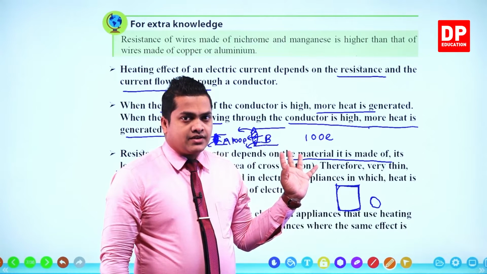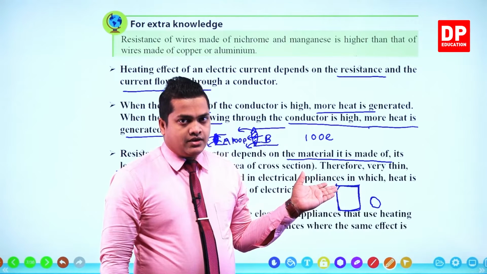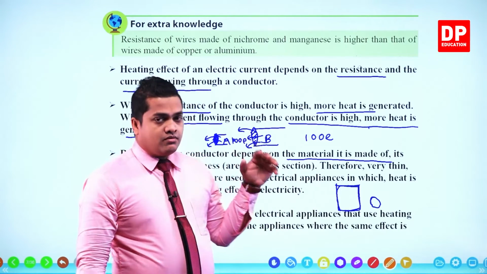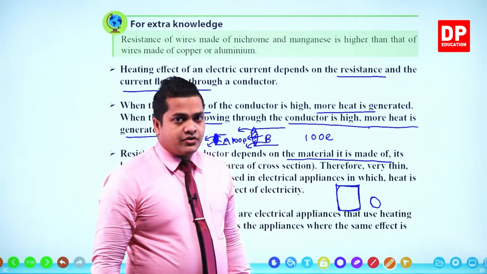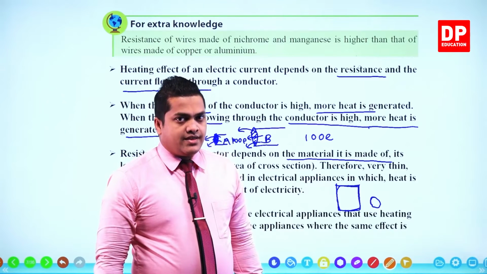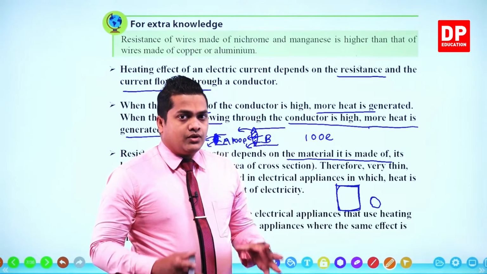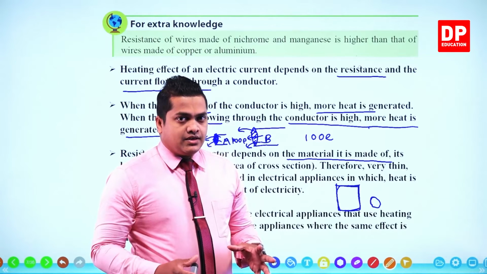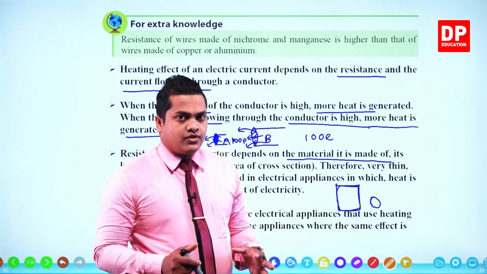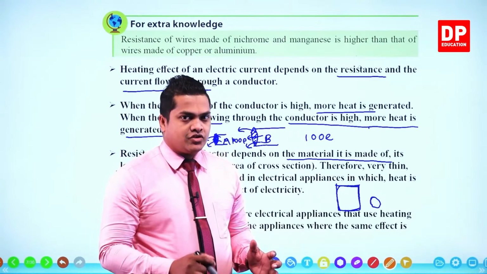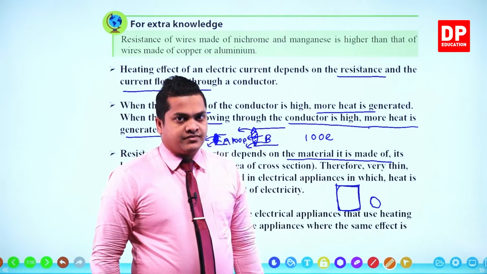They travel at the same speed. So children, from this one, the particles will travel to the other end much faster, right? So the thickness is also going to change the resistance factor.